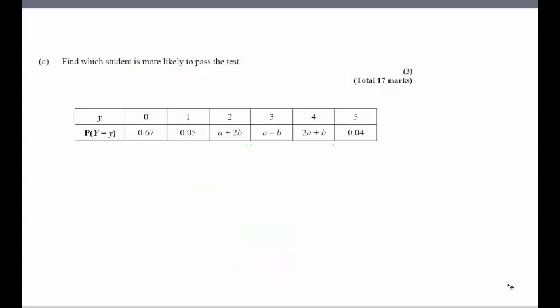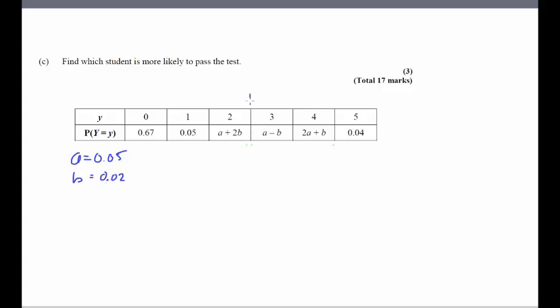To answer part C, which is asking which student would pass the test, the first thing we need to find out is, what's the chance that Bill passes the test? And we know from part B that a was equal to 0.05 and b was 0.02.